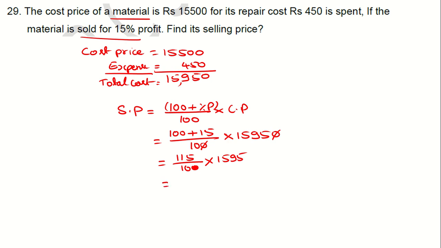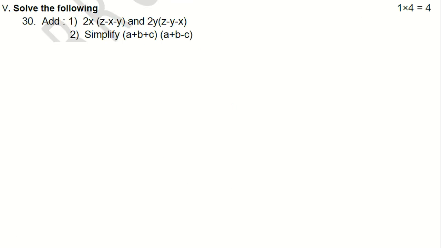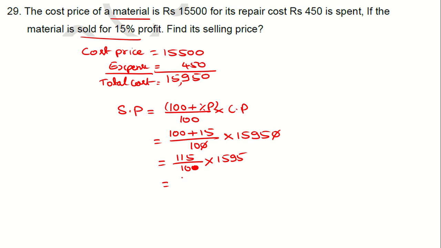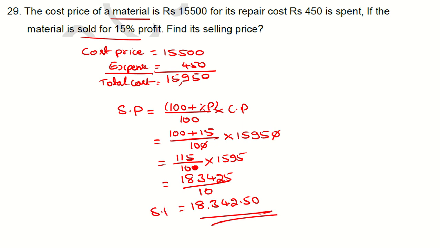By multiplying 115 by 1595, the multiplication gives 183,425 divided by 10. If you divide this, you get 18,342 rupees 50 paise. So this is the selling price of the material: 18,342 rupees 50 paise.